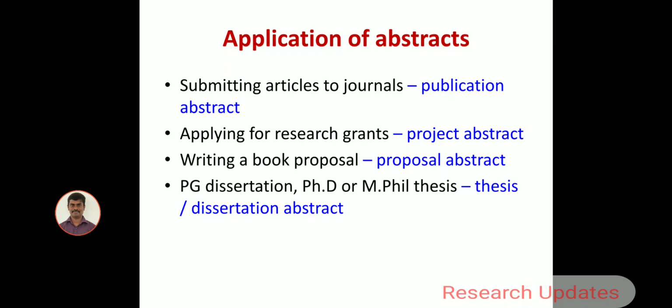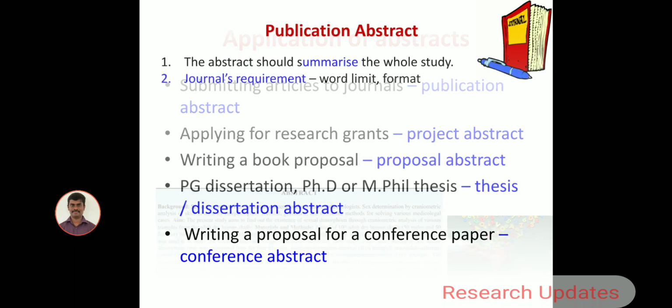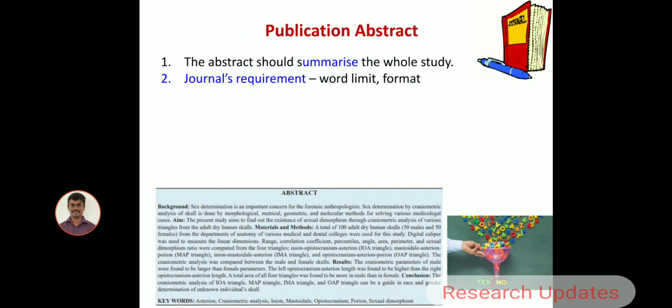In case of a PG dissertation, PhD or MPhil thesis, we write an abstract at the very beginning, which is nothing but a thesis or dissertation abstract. When you write a proposal for a conference paper, that abstract is called a conference abstract. So these are the various abstracts. Now let us see one by one.